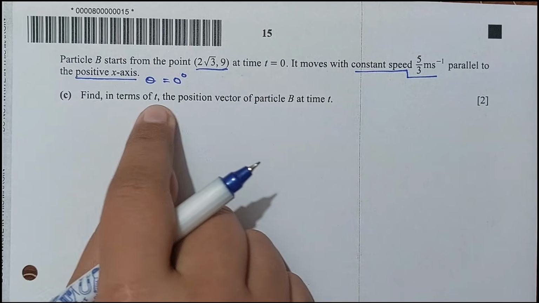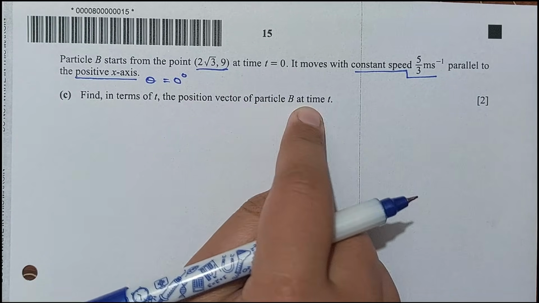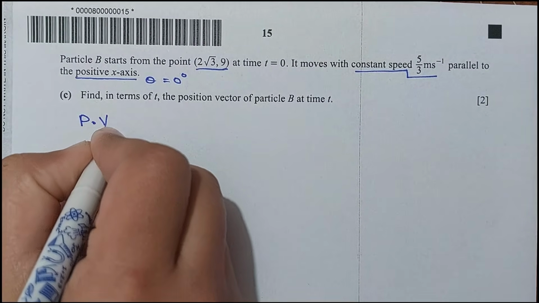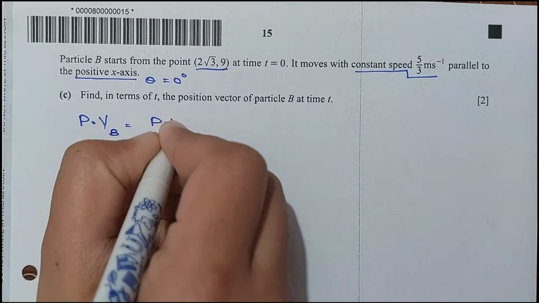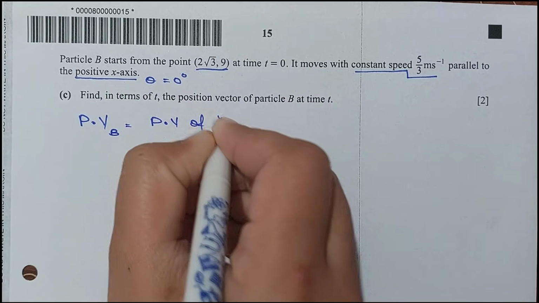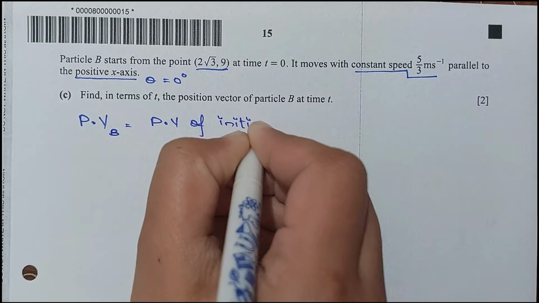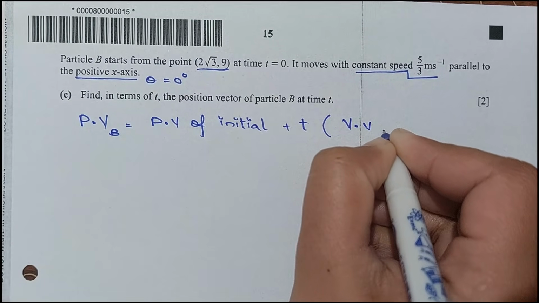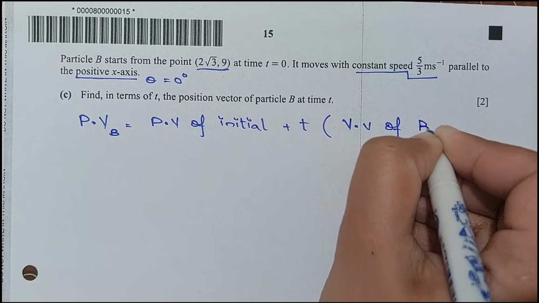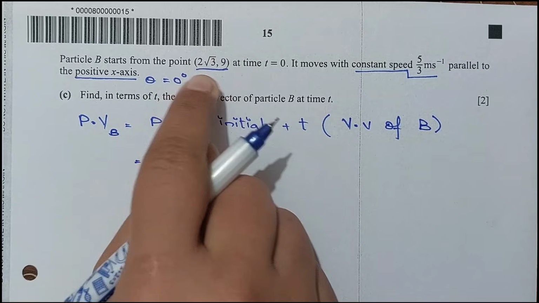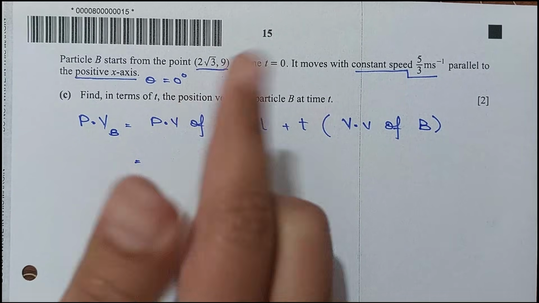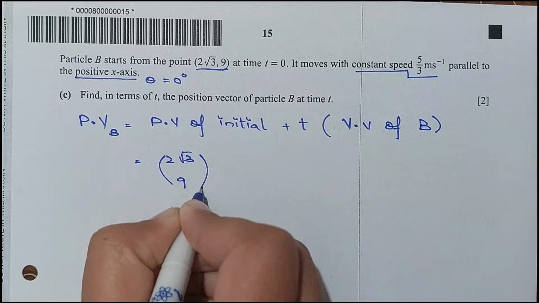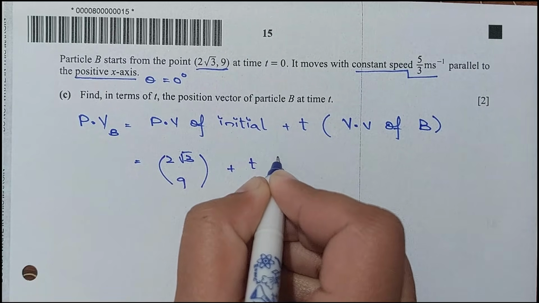Now for part C, find in terms of t the position vector of particle B at time t. The position vector of particle B is again the initial position vector plus t times the velocity vector of B. Initially the position vector is (2 root 3, 9), plus t times the velocity vector.